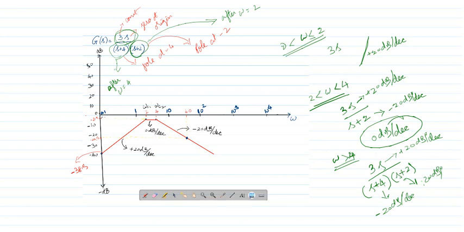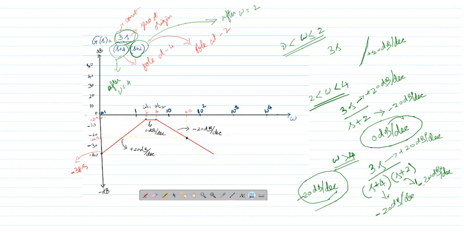For the denominator it is minus 20 dB per decade. Okay, what is the net result? You have to add plus 20 slope, minus 20 slope, another minus 20. So the net is minus 20 dB per decade. That is what we are seeing here.